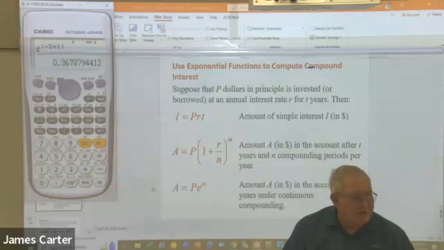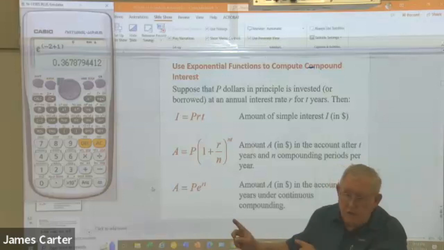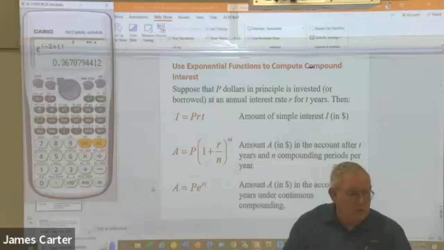They can either say simple, quarterly, monthly, semi-annually, whatever, or they can say continuously. Continuously and infinitely mean the same thing. And you are expected to know which formula to use.